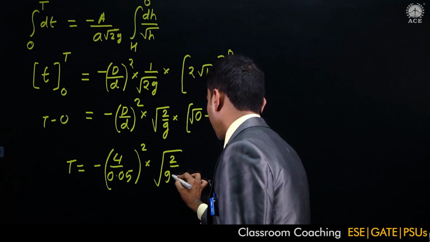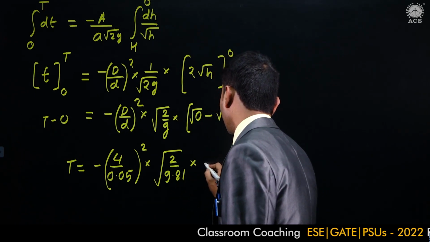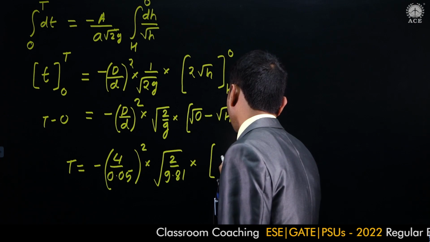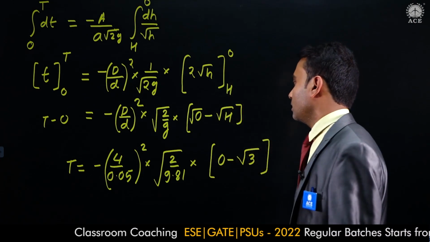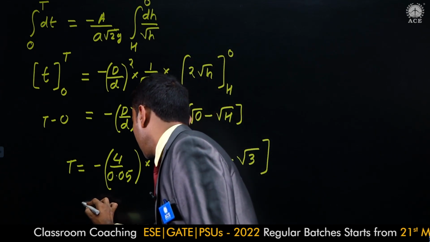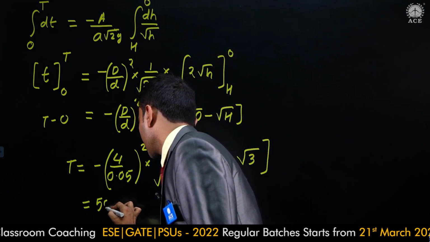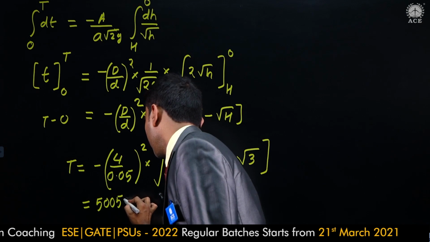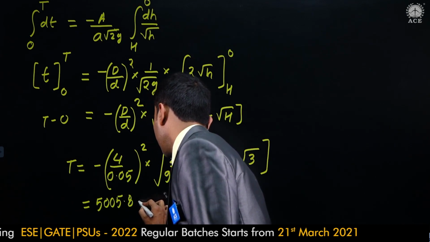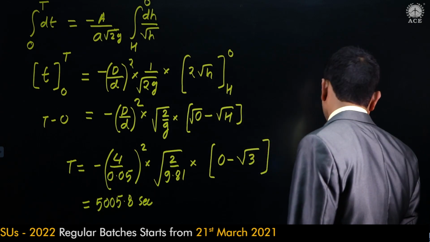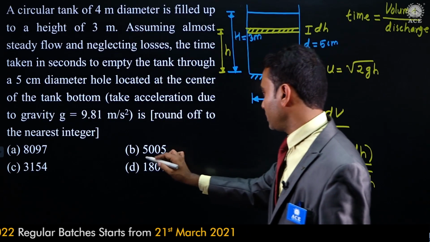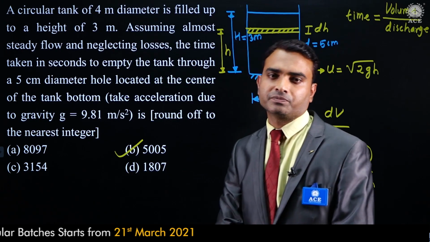So 9.81 into square root of 0 minus root of H. H value is 3 meter. If you do this calculation carefully, you will get the answer 5005.8 second. Right? So if you look at the options, the closest answer is B.